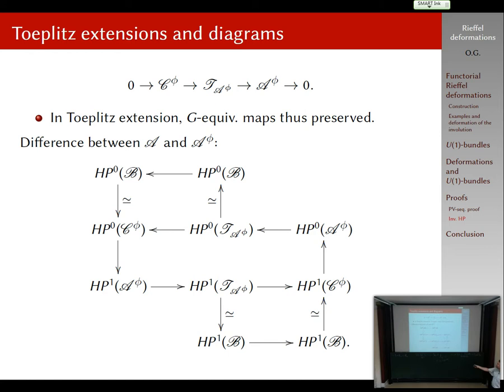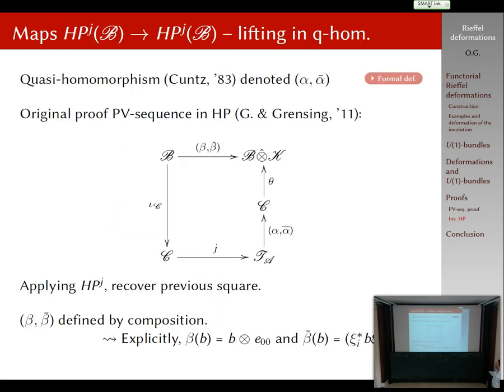We're just looking at HP of B and HP of A, which are just vector spaces. So if we prove that this map is the same in the deformed and undeformed case, we are done. And so that's what we are going to do. We need the notion of quasi-homomorphism to go from TA to the algebra B.